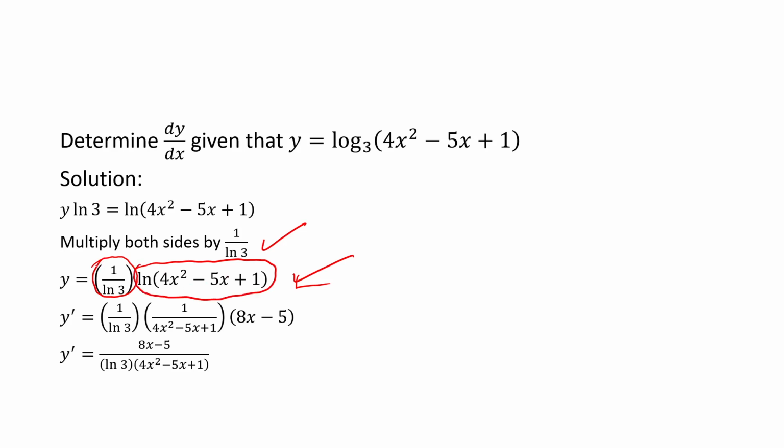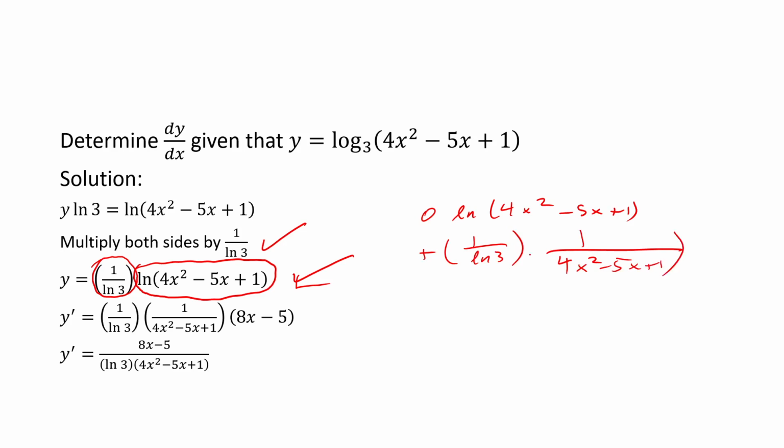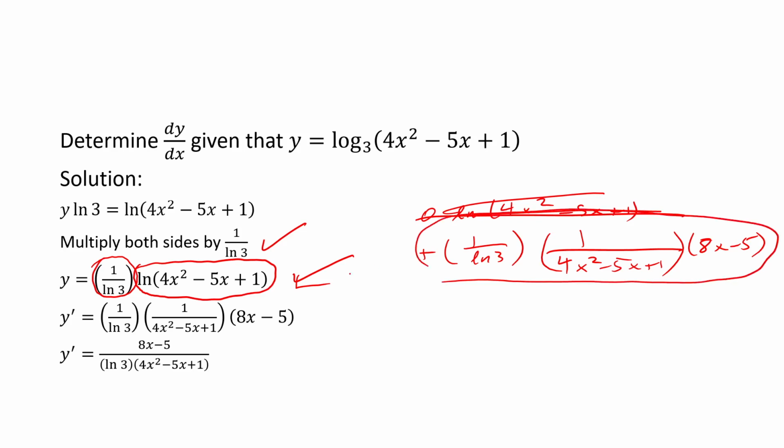Derivative of the first, well, the derivative of a constant is 0, times the second, which is the ln of that quadratic, plus the first, which is 1 over the ln of 3, times the derivative of that quadratic, which is 1 over the quadratic, times derivative of the quadratic. Now, this 0 times the ln of 4x squared minus 5x plus 1 cancels out, and this is what we get as the derivative on the right side, which is what we're showing here.